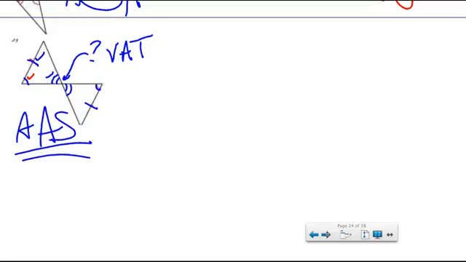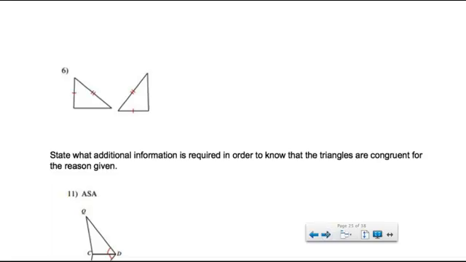So again, your process is you take the markings under consideration and then you add your own brain to the picture. So on this one, I'm going to take the markings under consideration that I've got side, side. So I do know I have SS. Can I get the third side and make it be SSS?